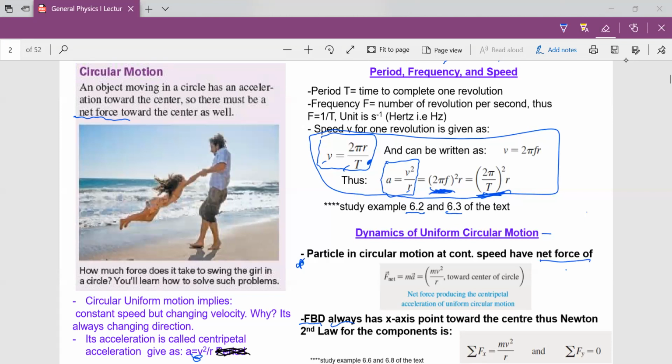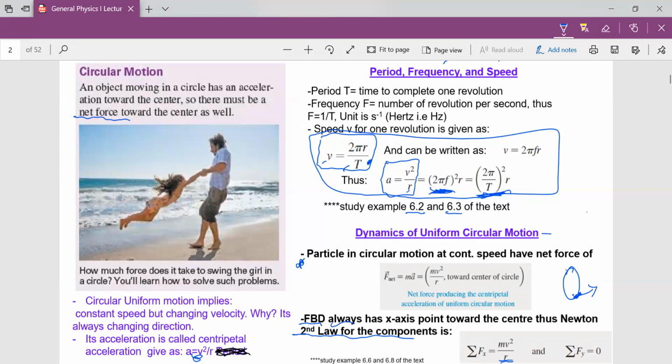Having stated that, the component description for this law is going to be, because there will be nothing really on the y-axis at the tangent, which points the velocity, that direction depends on the direction of the object. Okay. So the component expression of the net force for the x-axis will be equal to the acceleration.